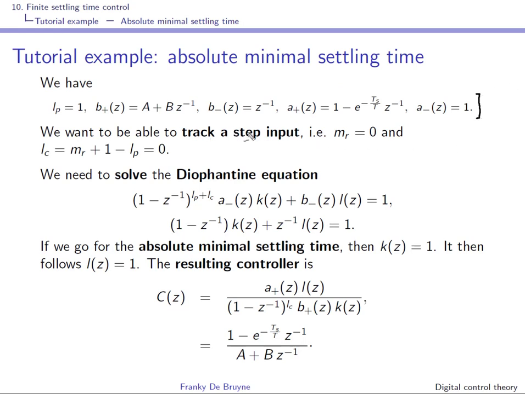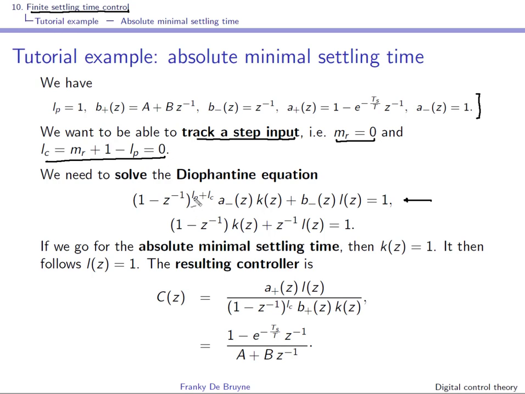We will assume here that we want to track a step input, so this means that MR is equal to 0, and the number of integrators that we have to put in the controller is MR plus 1 minus 1, so it's 0. To obtain this finite settling controller, we need to solve this Diophantine equation.